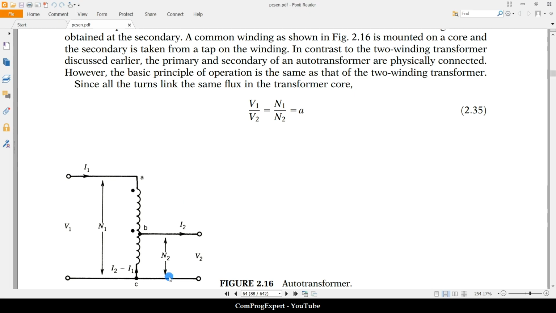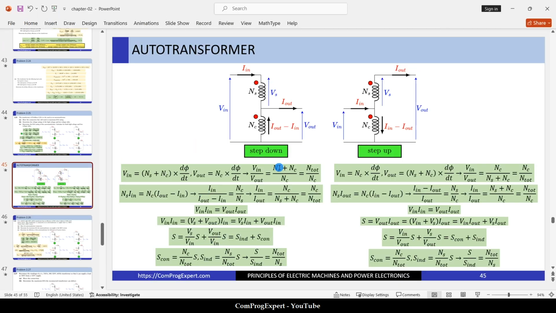But what about currents? Here, as you can see, we have the same equations for the step down and step up autotransformers. You can investigate these two equations.